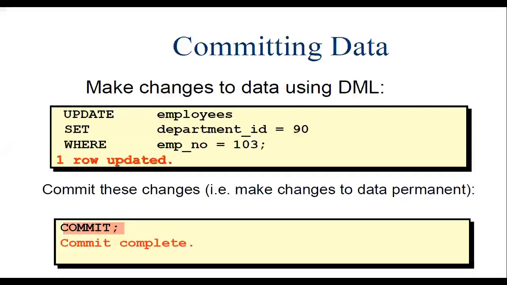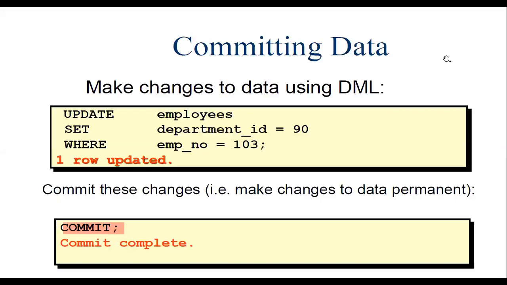When you execute this command, one row will be updated in the employees table. To make the changes permanent, we execute the COMMIT command after this. When you execute it, you can see 'Commit complete'. That means the row that you updated in the employees table is now a permanent change. So to make changes permanent in the database, we use the commit command.